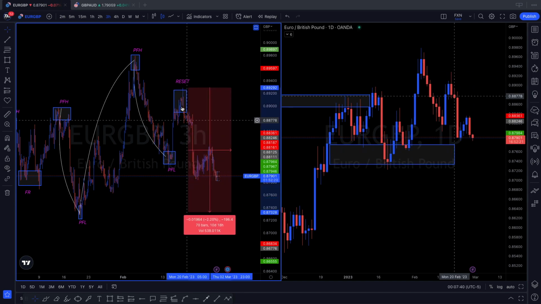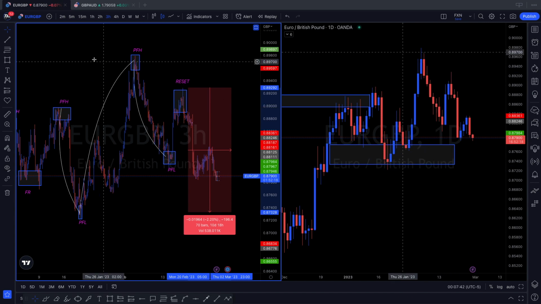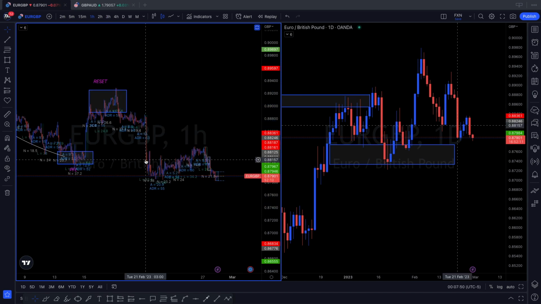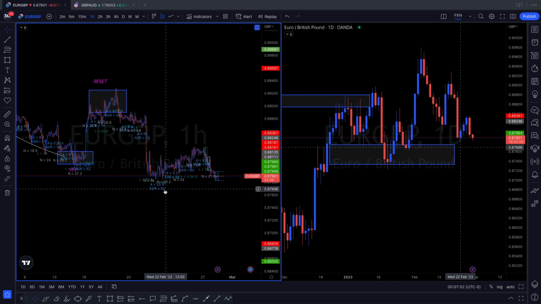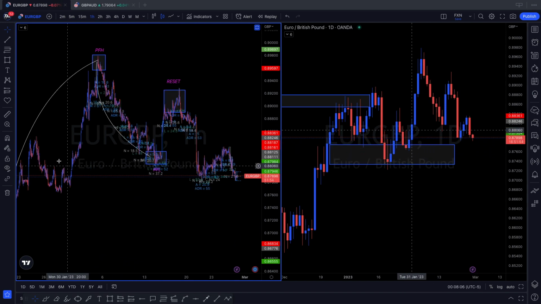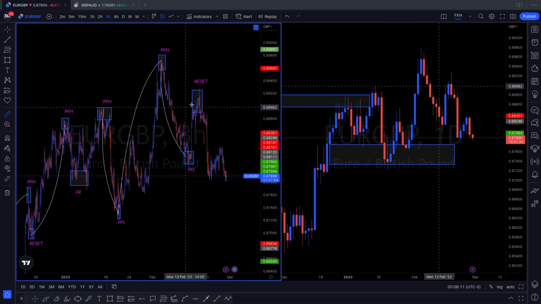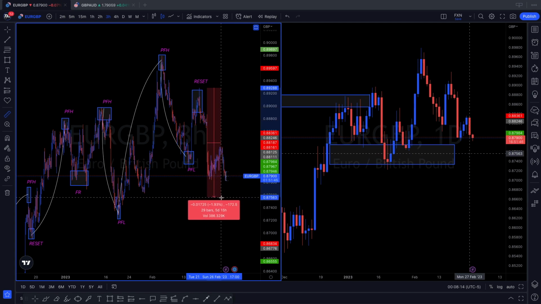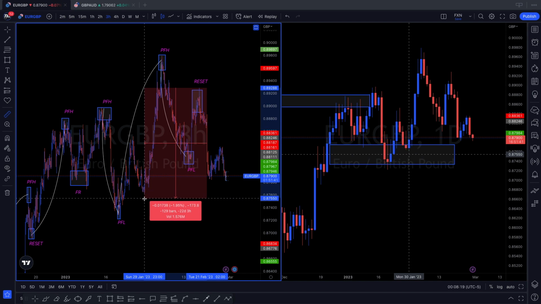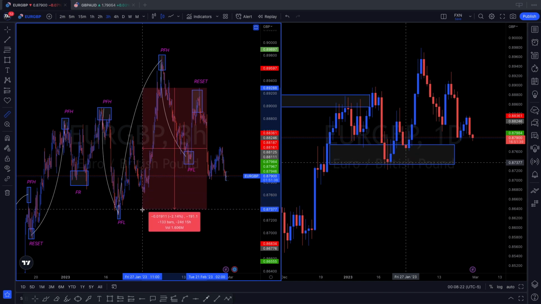If you measure this out from the reset down and get your 3 times ADR or around that range, we can go down to the 1-hour time frame to get our ADR. You can see that this is averaging about 55 pips or so, so 165 at minimum on this pair to run down. 165 is going to be right around these lows here, but we can run another 20 pips and be well within our range of 2.5 to 4.5 times ADR for a full cycle.